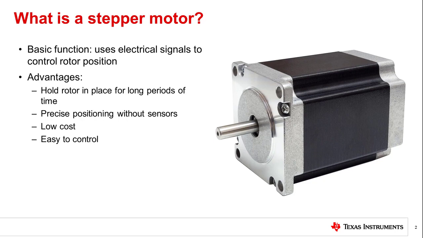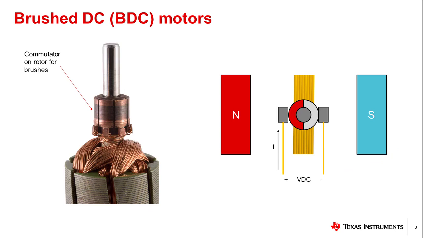Before diving deeper into the topic of stepper motors, I will review where they fit among other common motor types. Brush DC, brushless DC, and stepper motors are the most common types of motors powered from DC power sources. Brush DC motors have a winding on the rotor. Brushes, made of metal or carbon, energize the winding through a commutator on the rotor.